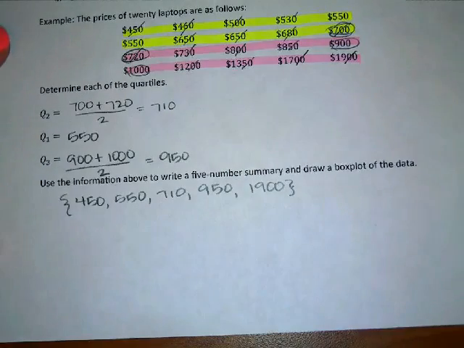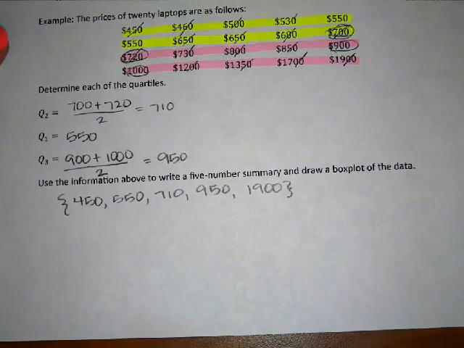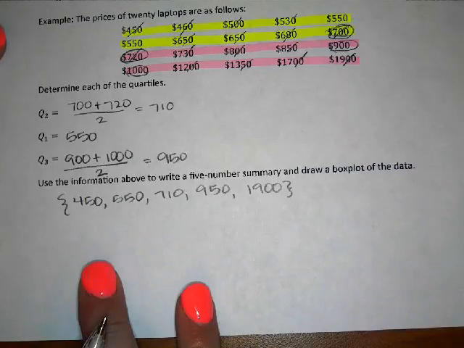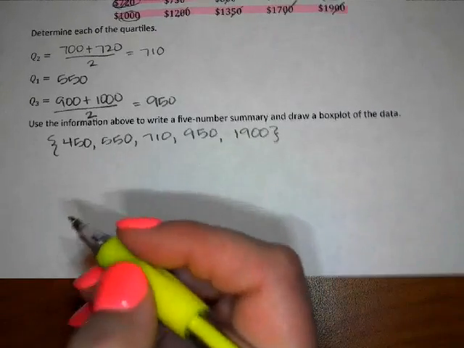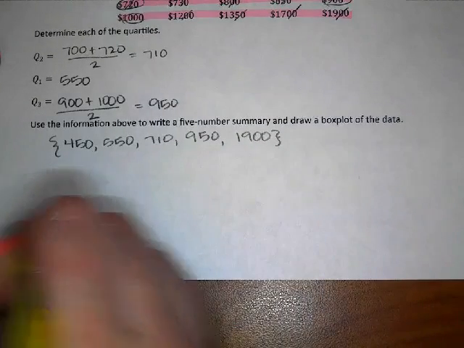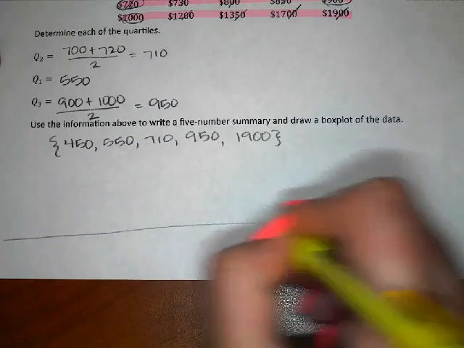Okay, next they want us to draw a box plot, which might also be called a box and whisker plot. And so to draw that, I'm just going to put a number line. That's not very straight, but close enough. I'm going to draw a number line down here.